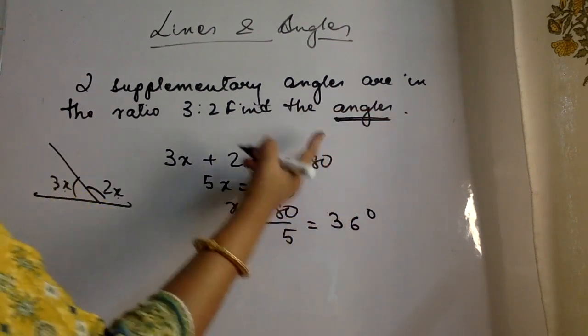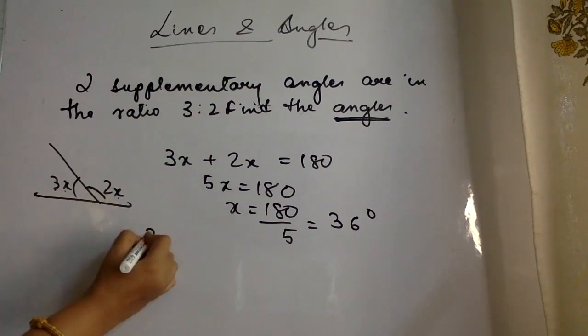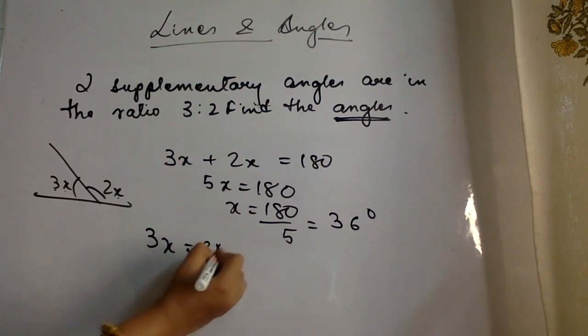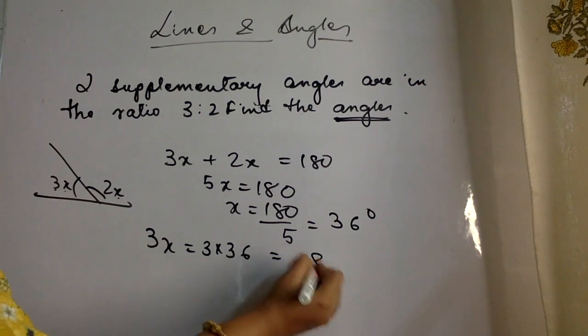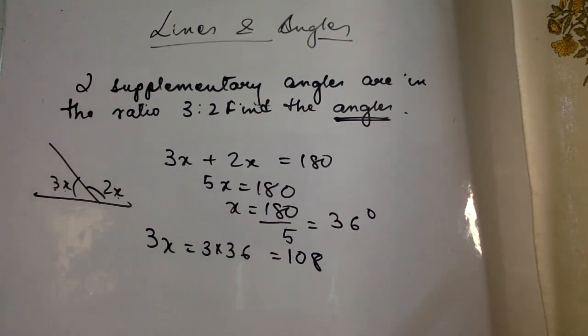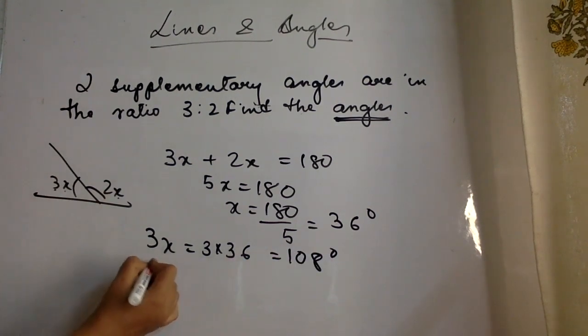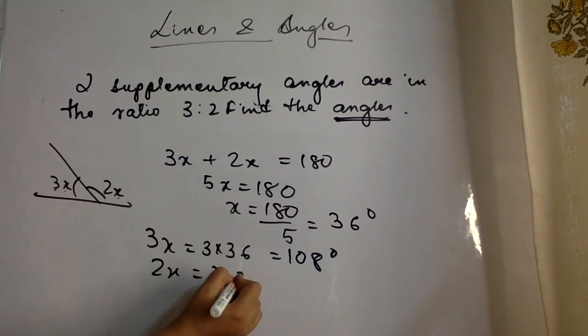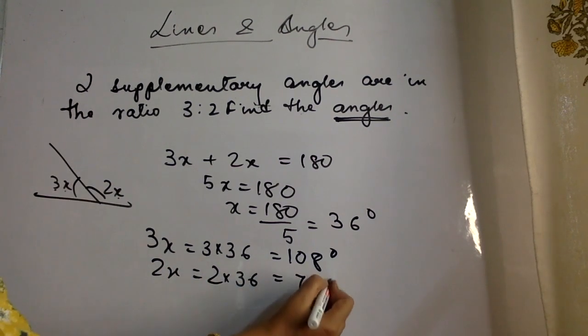But they have asked for the angles. Since they have asked for the angles, 3x is 3 into 36, which is 108 degrees. And the other one, 2x, is 2 into 36, which is equal to 72 degrees.